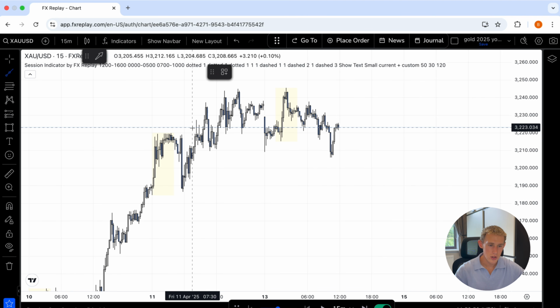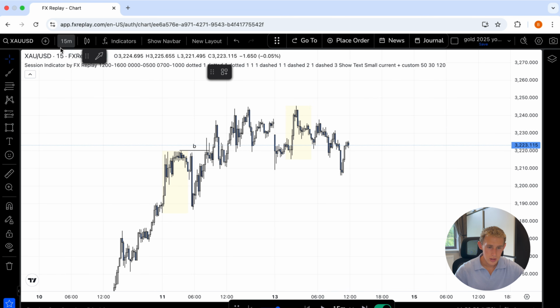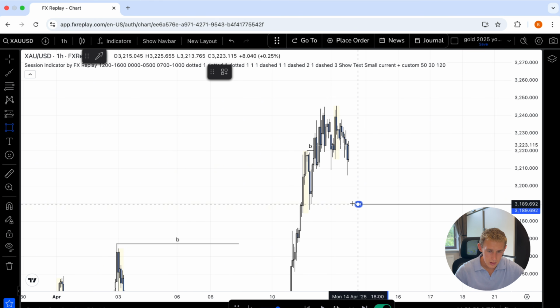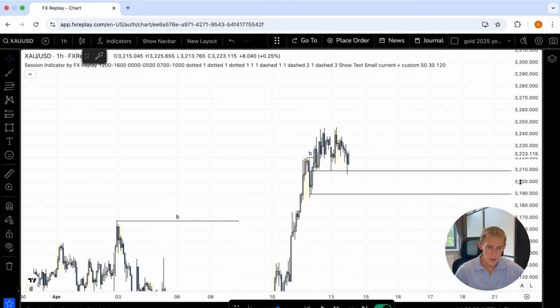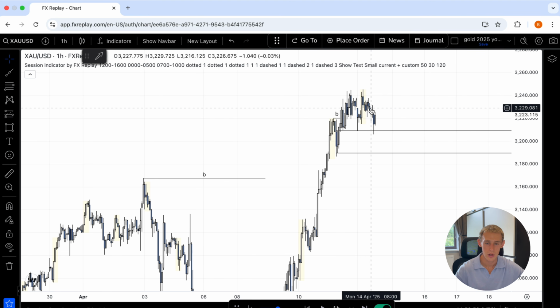Actually, if you're looking at the structure, I would say this is the most recent breaker structure. One thing I am seeing, you can see we've got this hourly demand zone that price has just tapped into. Again, pay attention to the momentum. Look at how correctively price is pulling back. It's just kind of consolidating here.